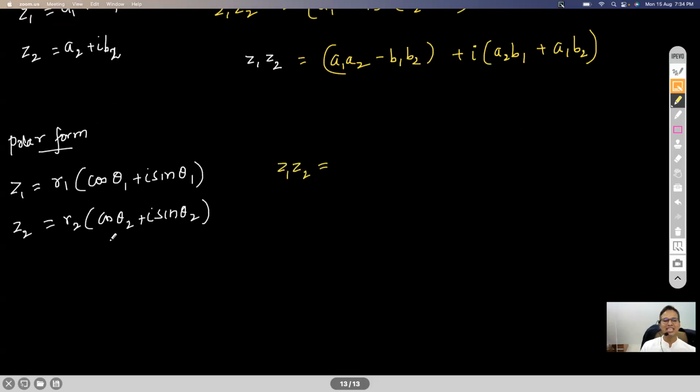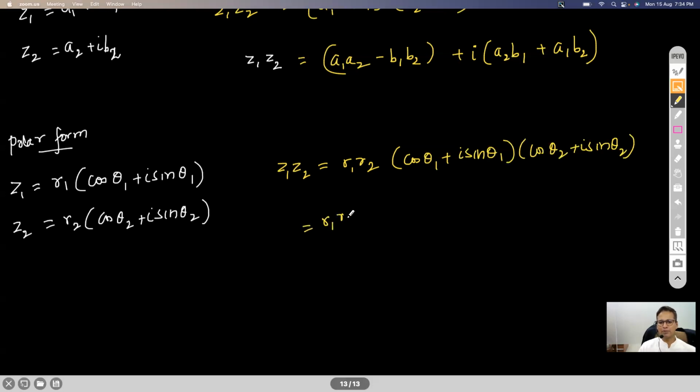Anyways, let's multiply these two. Now mind you, R1 R2 will get multiplied. And you will have to multiply cos theta 1 plus i sin theta 1 times cos theta 2 plus i sin theta 2. Again, let's do this multiplication the way I did over here. But this multiplication will reveal something very interesting. Just wait for it.